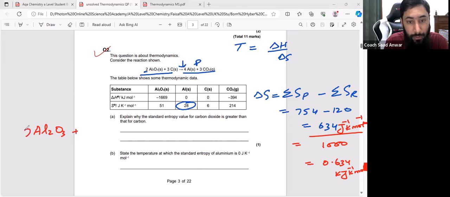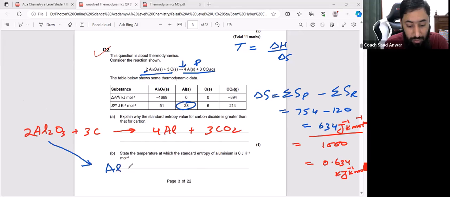Al2O3 plus 3 carbon gives 4 aluminium plus 3 moles carbon dioxide. Enthalpy of formation is given here. So the constituent elements for Al2O3 are aluminium and oxygen, and carbon.